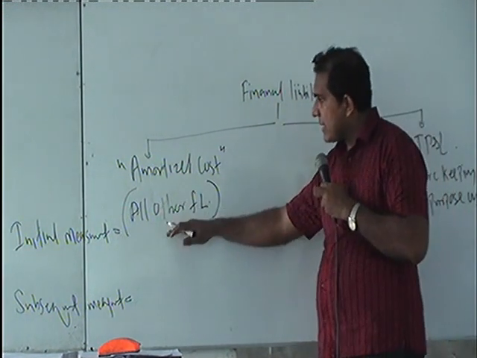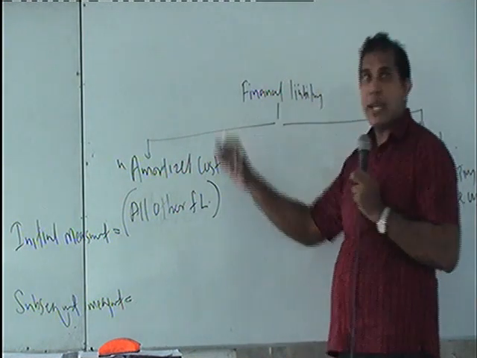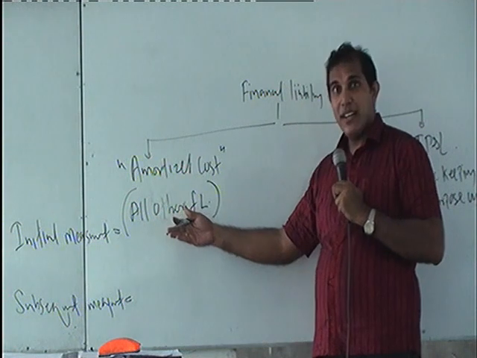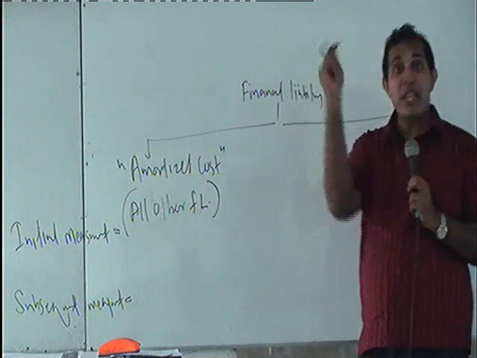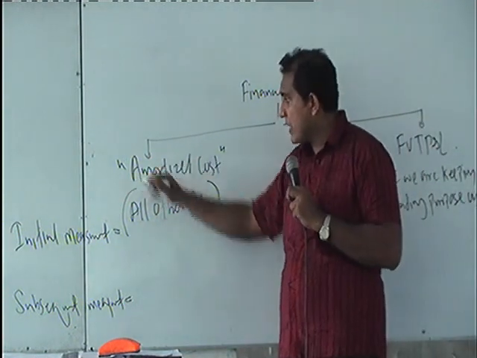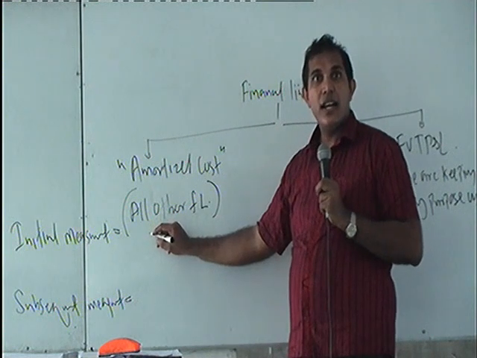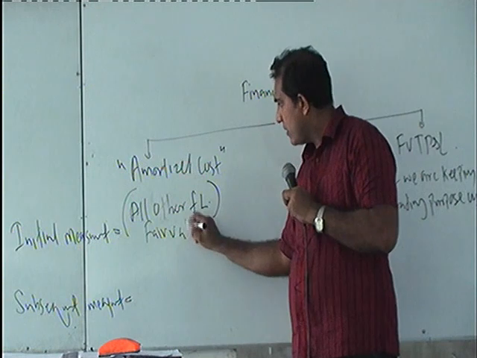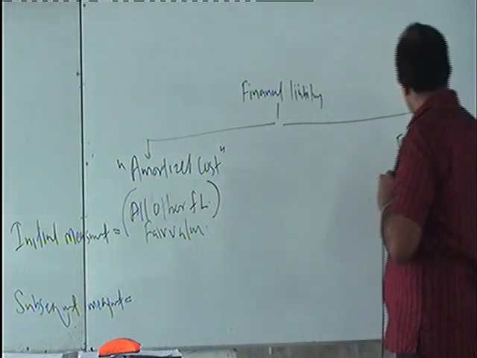In this case, initial measurement should be at what? If we are using the amortized cost basis, initially how are we going to measure a financial liability? Fair value.